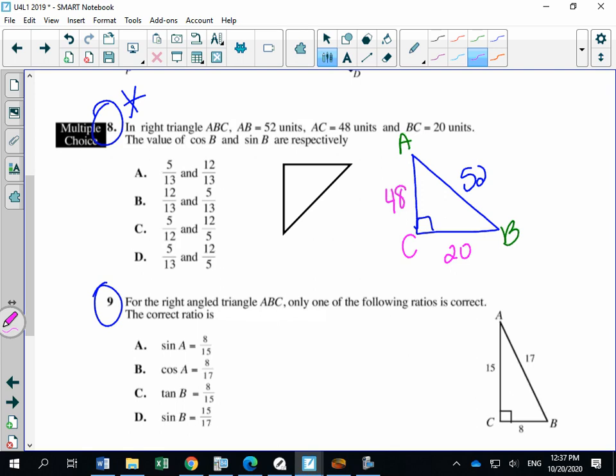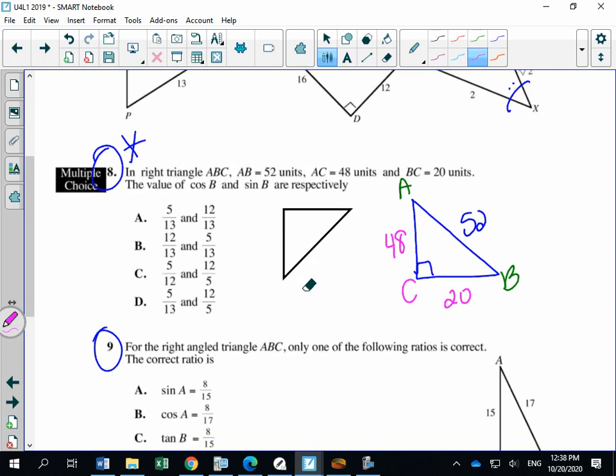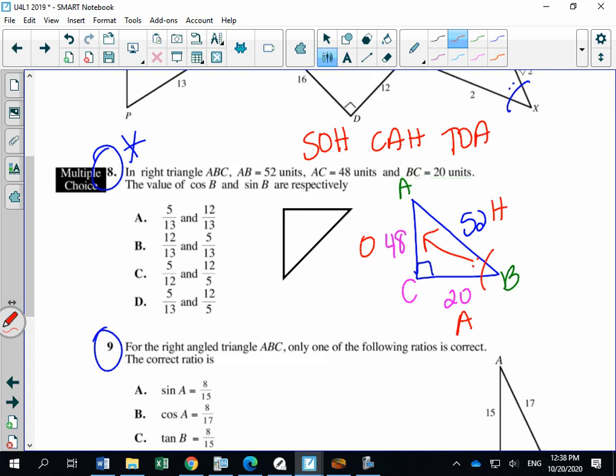Okay, so then they say the value of cos of B and sine of B. So B is the one they want my eyeballs to go on, that guy there. So let's label according to B: this would be my opposite, this would be my hypotenuse, and 20 would be my adjacent. Let's write our SOHCAHTOA. And they want the cos of B first.